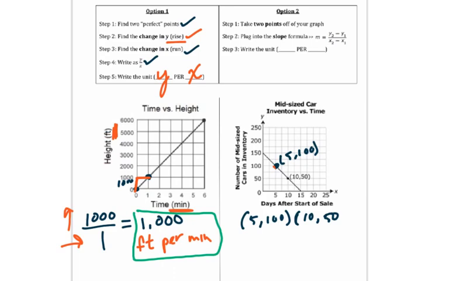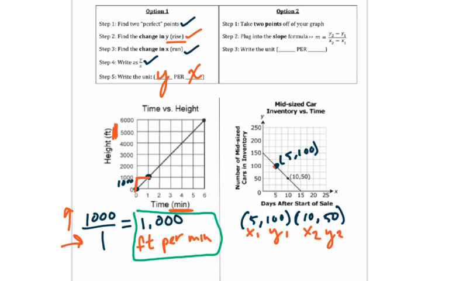Yesterday you calculated the slope from 2 points. So today we can do the same thing. I pulled 2 perfect points off of my graph. Here was one. Here's the other one.